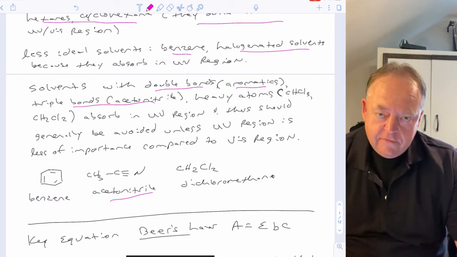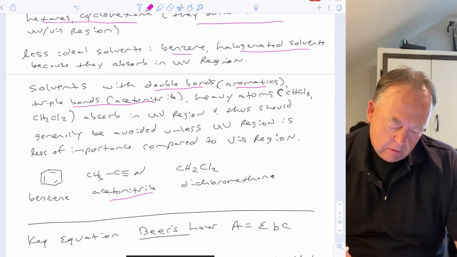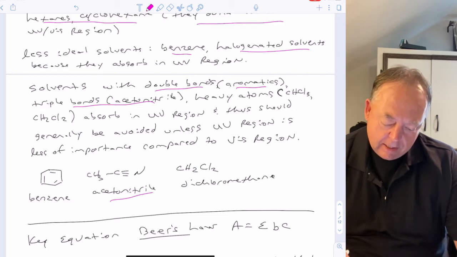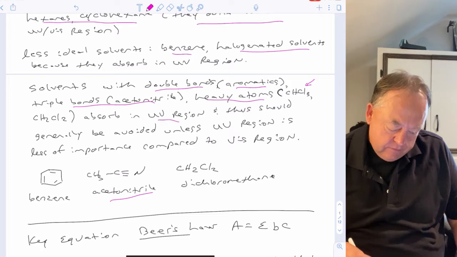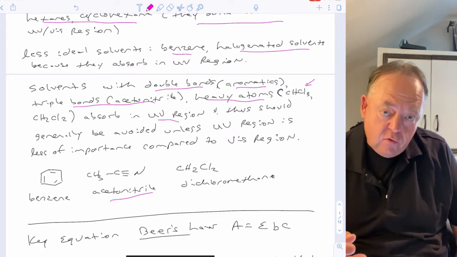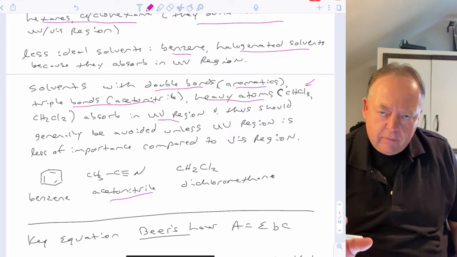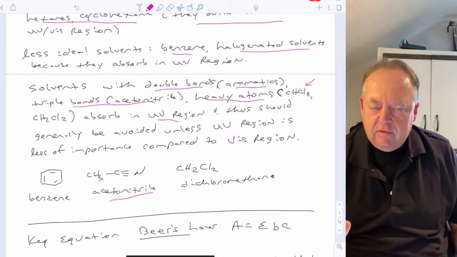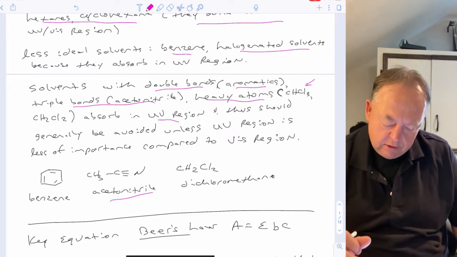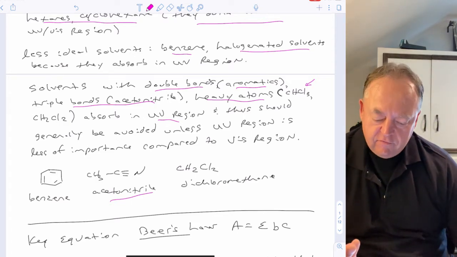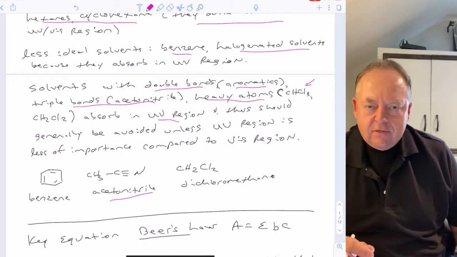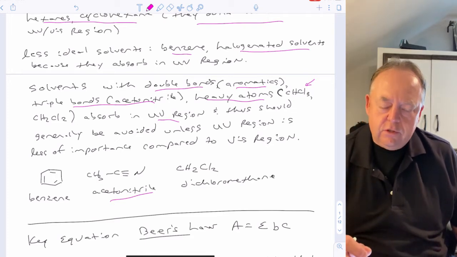DMF has a carbon oxygen double bond, acetone too, anything with a pi system. Heavy atoms in your solvents like chlorine, so chloroform, dichloromethane, and bromine, absorb in the UV region, and so those solvents should generally be avoided, unless you don't care about the UV region. If your analysis is in the visible region, then that's not so important. But if you need to analyze the UV region because that's where your molecule of interest absorbs, then you have to pick a solvent that's not going to absorb in the UV region.